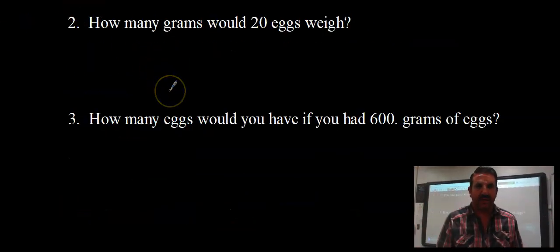All right, let's take a look at another example. How many grams this time would 20 eggs weigh? Don't you dare touch your calculators. Don't even go there. I know how this works. So follow the process. Let's start off with a quantity given to us, which is 20 eggs.